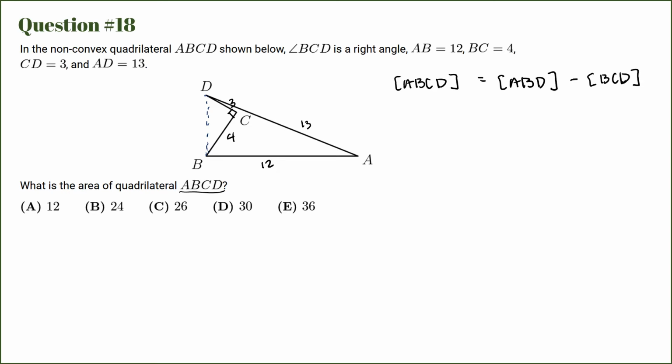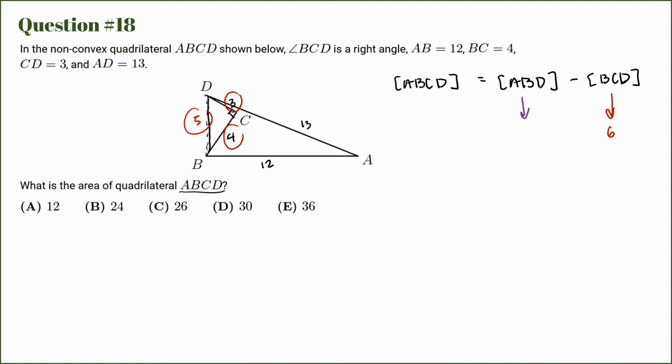So let's find the area of triangle BCD first. First of all, we know that BD must equal 5 because this is a 3, 4, 5 right triangle. So the area of BCD equals 6 because it's 3 times 4 over 2. Second of all, let's go to ABD, triangle ABD.